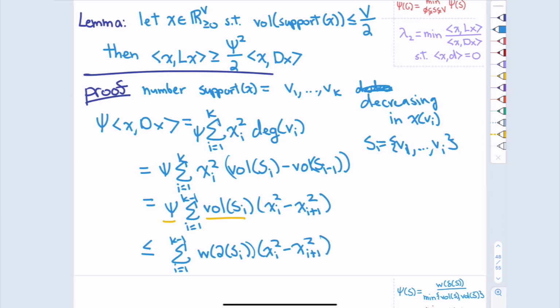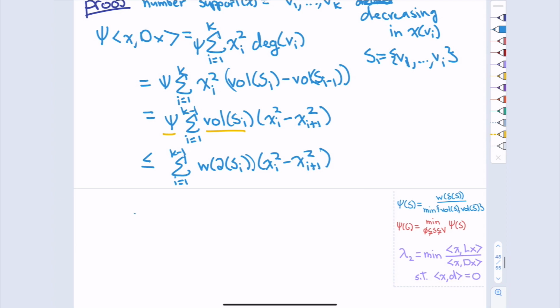Okay. All right. So if I sum over all the edges e, say an edge between u and v, I have the weight of e. If I have an edge between two vertices of my line embedding, it's appearing in the cut for everything in between.